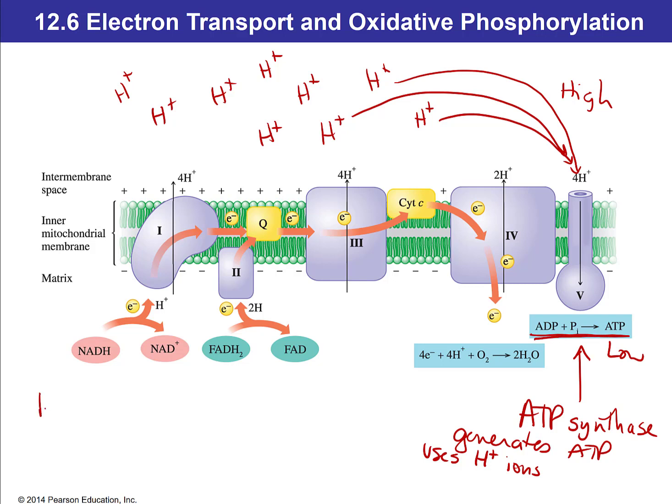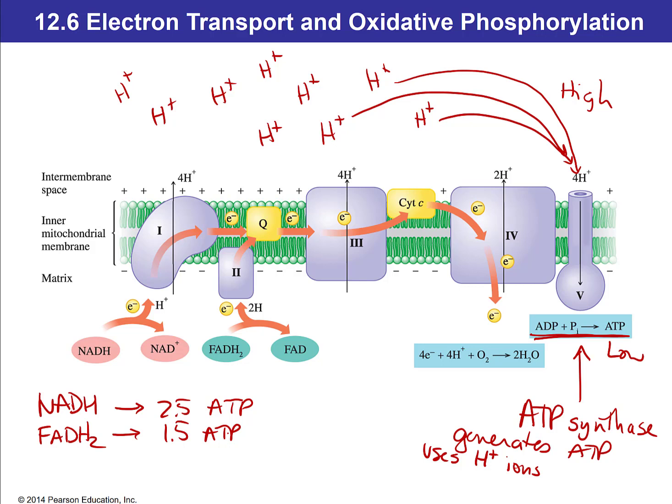So one NADH can generate 2.5 ATP. So every NADH that's made in glycolysis and in the citric acid cycle can make 2.5 ATPs. FADH2 is a little further down the line, so it only makes about 1.5 because it doesn't use that first enzyme complex. It comes in on the second one, so a little less energy.